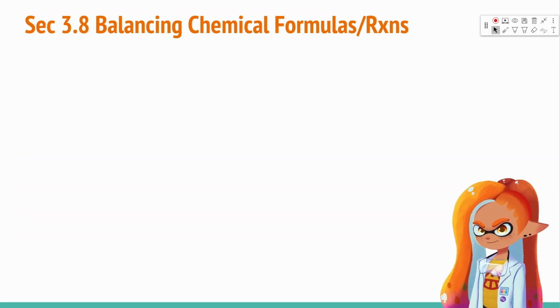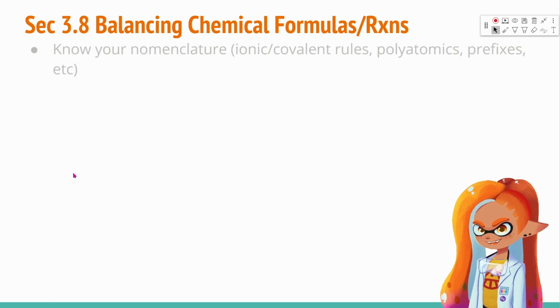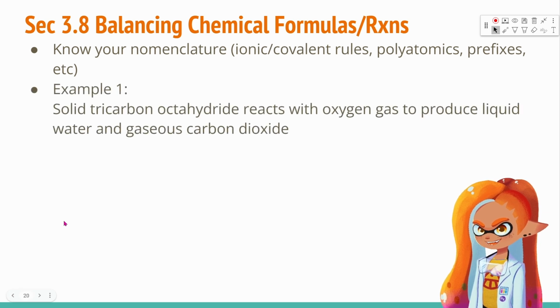Now, balancing. For balancing, you have to know your nomenclature, obviously. So you need to know your ionic, covalent, and everything that I've already mentioned. And so here is an example, a word problem, as you do. The first thing you must do is determine what is asked in here before balancing.